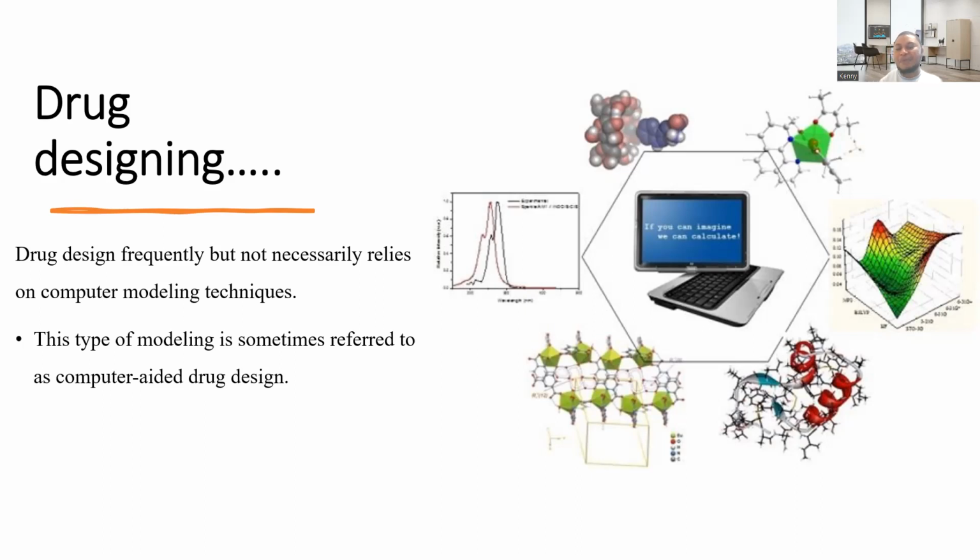And maybe at the end of it, if you are lucky, maybe 1 or 2 may work against, may inhibit the proteins. And in many cases, none of the 10 drugs will probably work. And at the end of it, you discover that you just wasted your time and your resources.